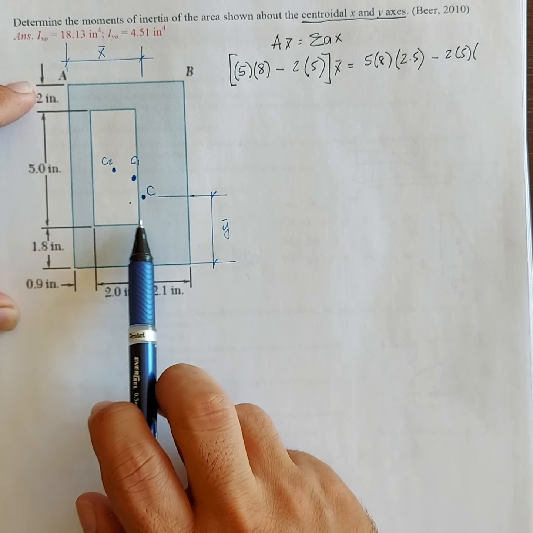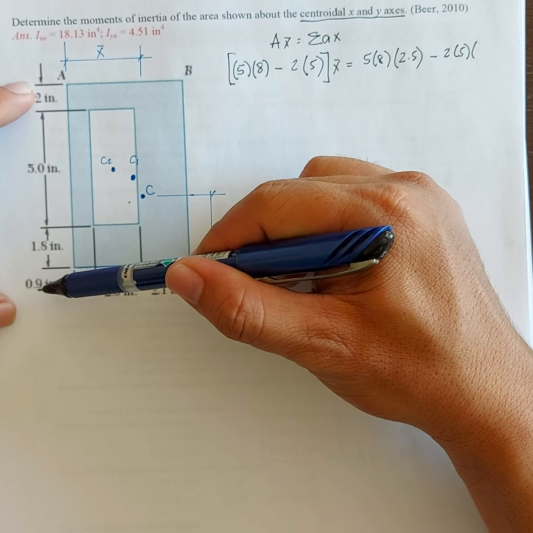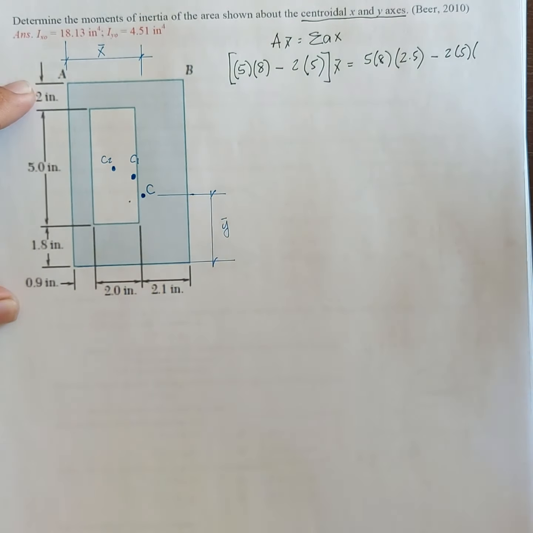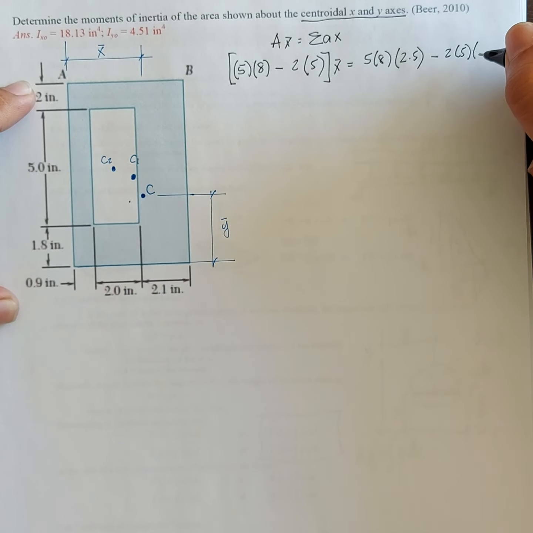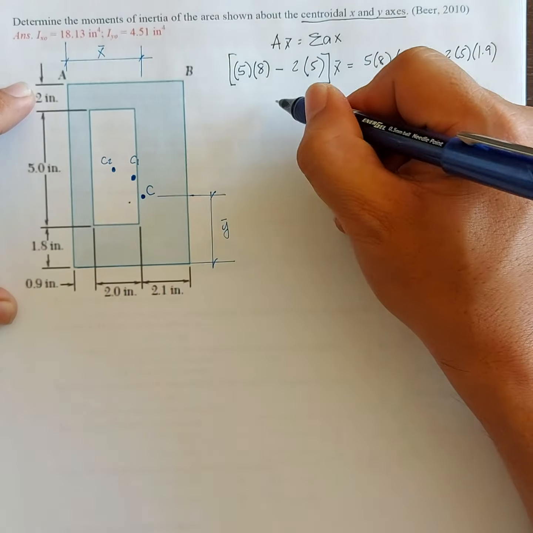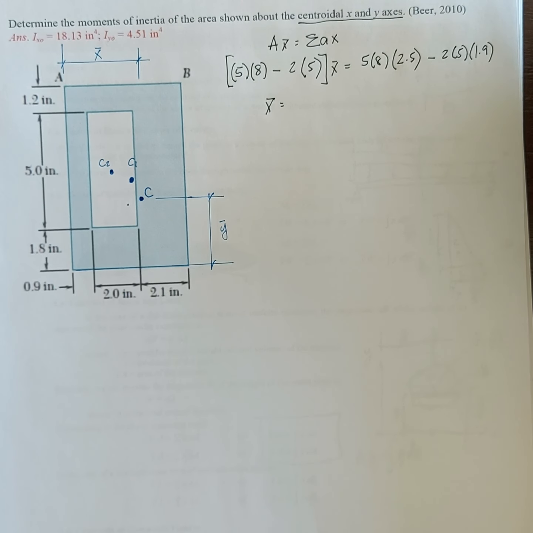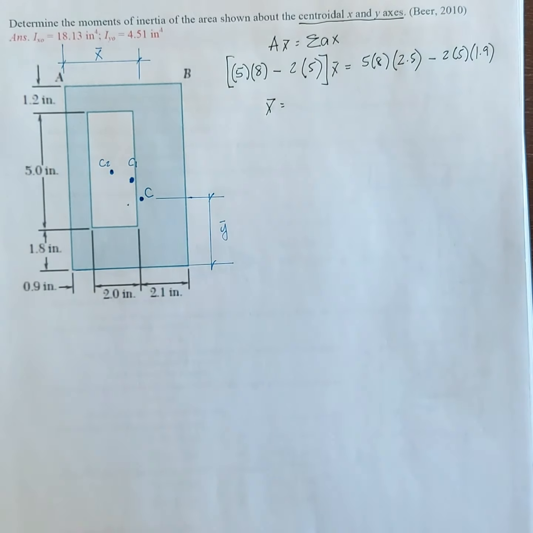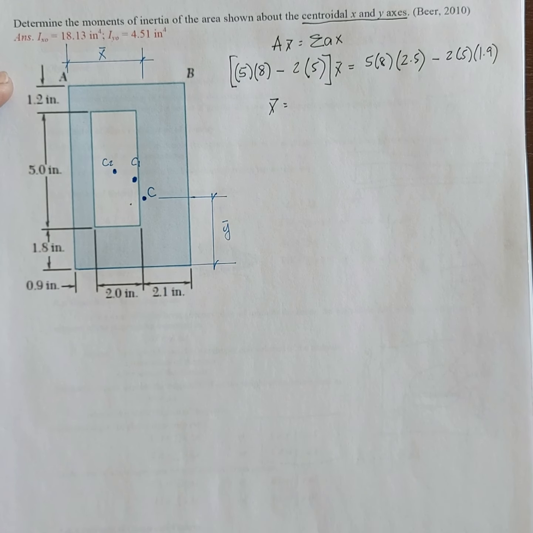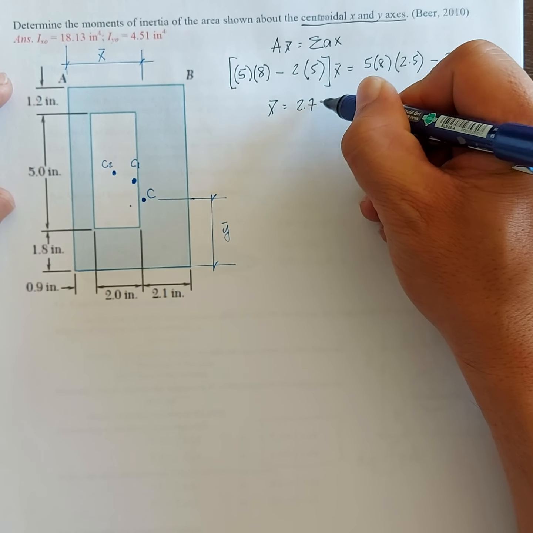Okay, so 2 inches ito. Ibig sabihin, kalahati niyan is 1 inch plus 0.9. Punta dito. So, that is 1.9 inches. Okay? So, x bar is equal to, that's the x coordinate of the centroid of the shape. X bar is 2.7 inches.